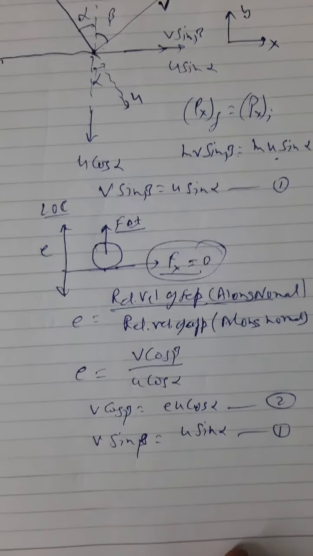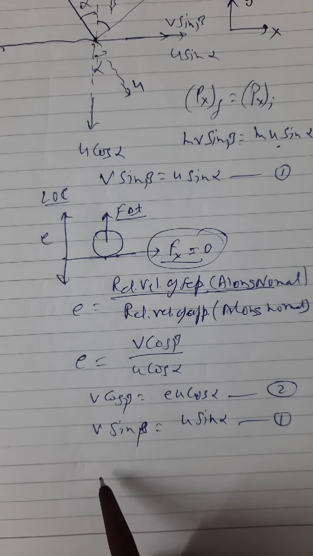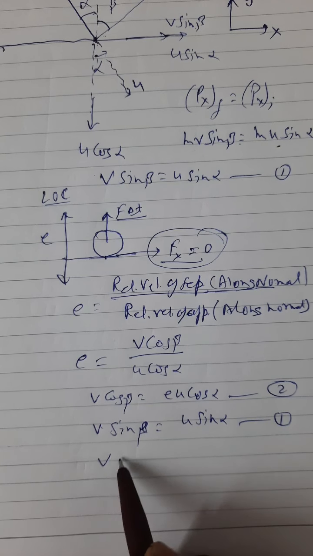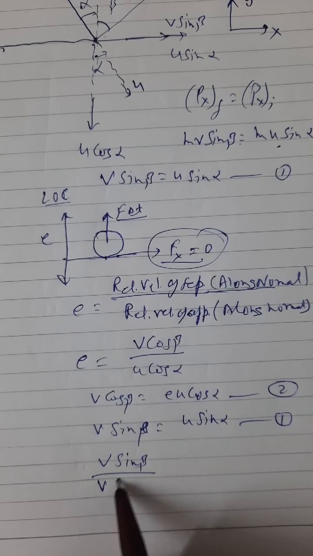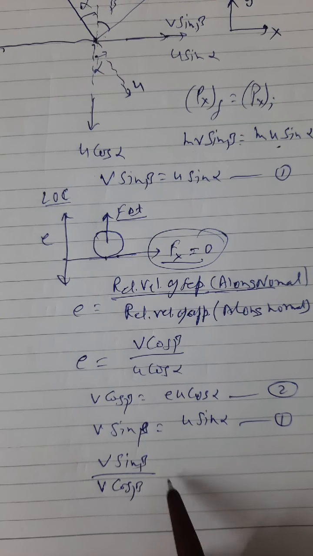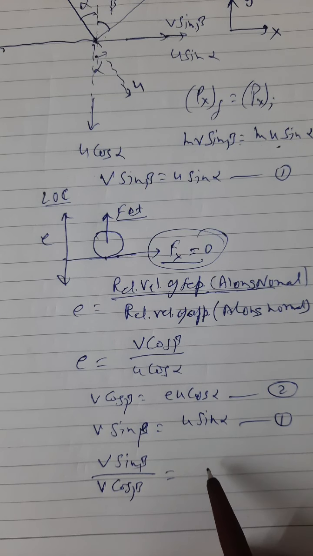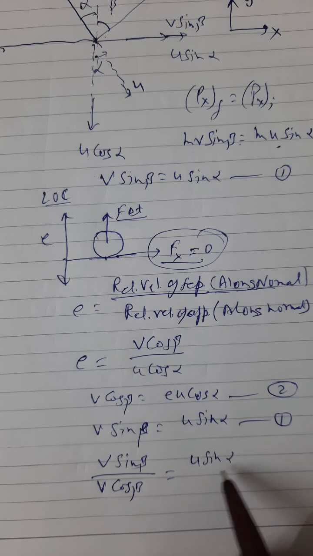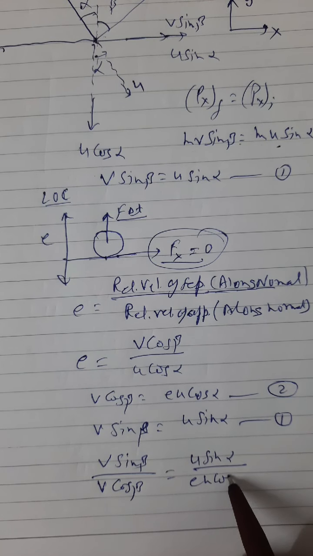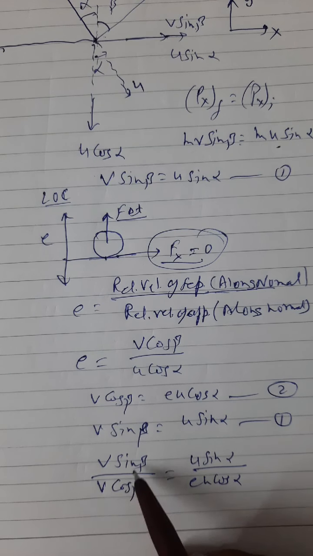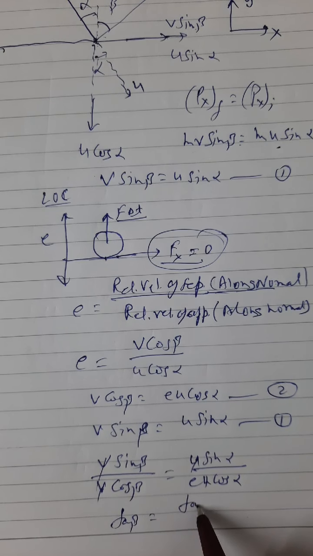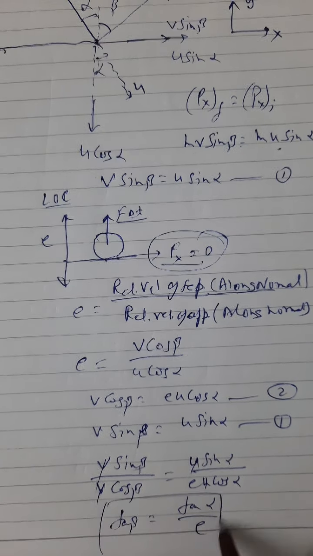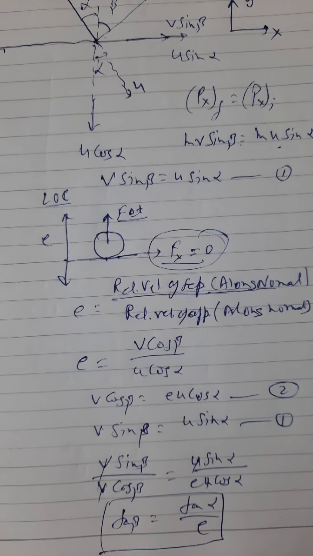Okay. From these two equations we can calculate the value of E. Dividing 1 by 2, v sin beta upon v cos beta equals u sin alpha upon E u cos alpha. What this becomes, you cancel, tan beta equals tan alpha by E. This result is many times used.